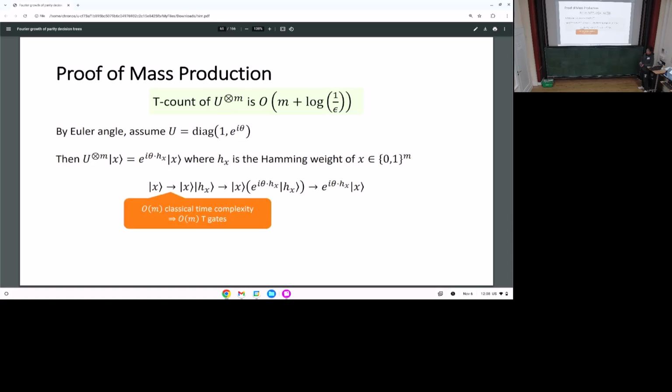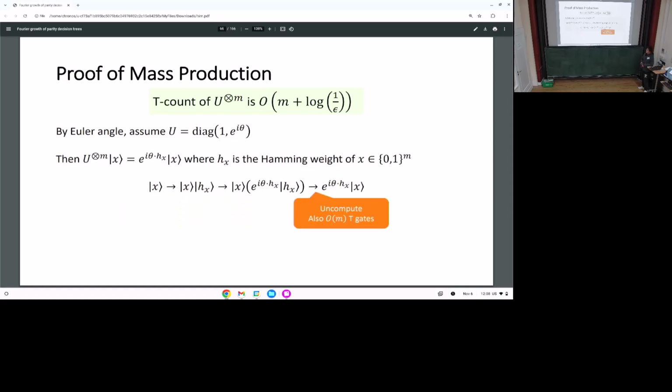So the first step is a classical thing, just computing the Hamming weight, and you can do it with order n classical time complexity. So this is a linear number of T gates. It's actually a linear number of gates; it's not just T gates. If you count Clifford gates, it's also linear.